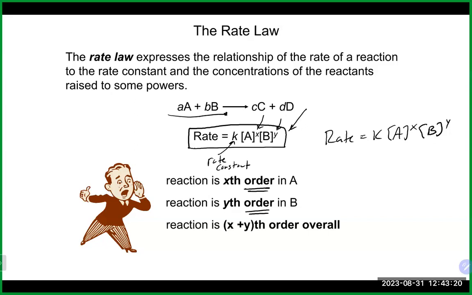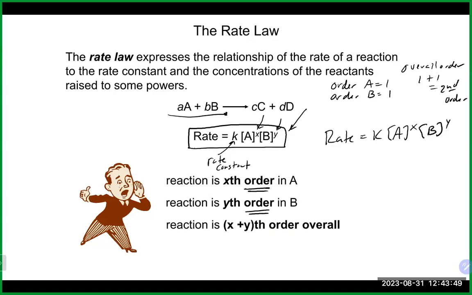Let's say, for example, that the order of A is 1 and the order of B is 1 in this particular case. That would mean that the overall order of this reaction is 1 plus 1, which is a second order reaction. That is how you would determine that.